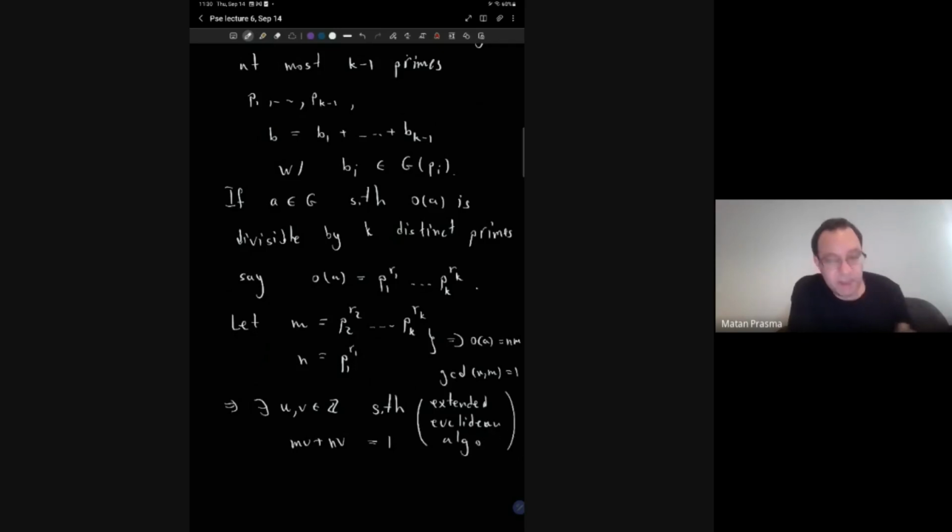The Euclidean algorithm allows you to calculate the GCD of two integers. And the extended Euclidean algorithm finds coefficients U and V such that MU plus NV is equal to 1.